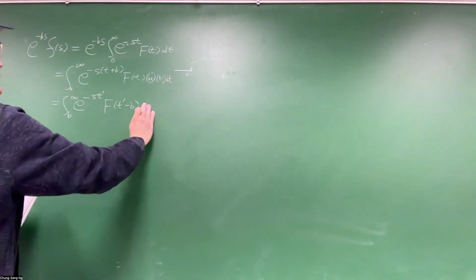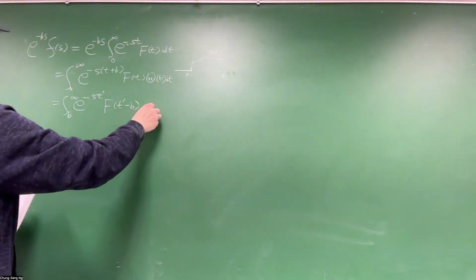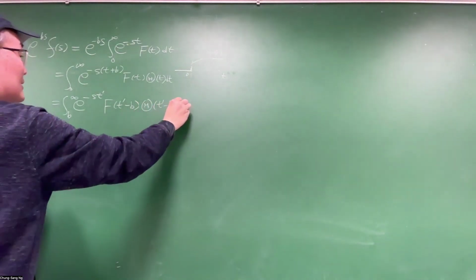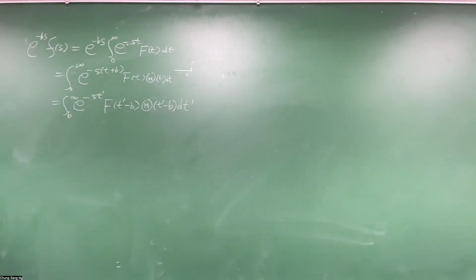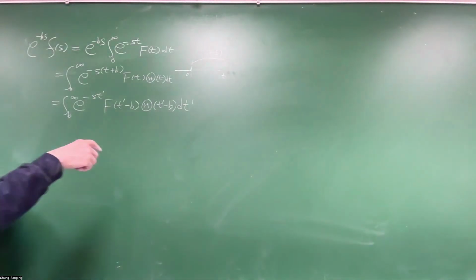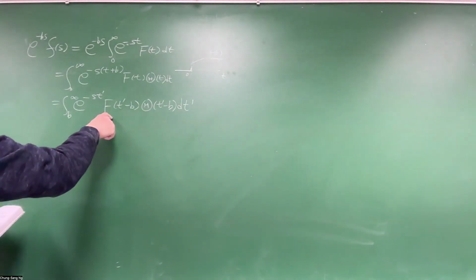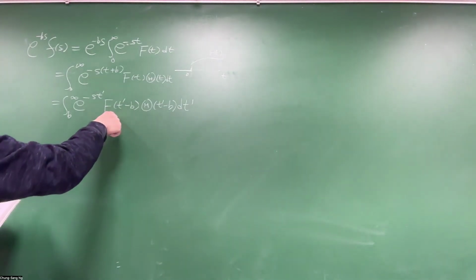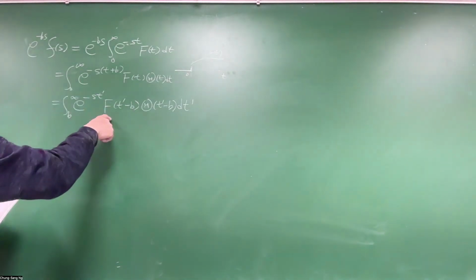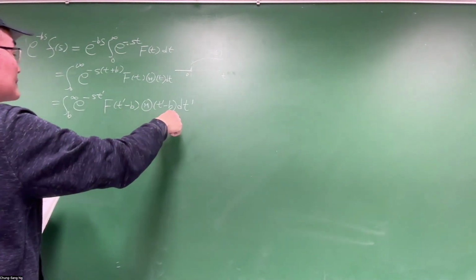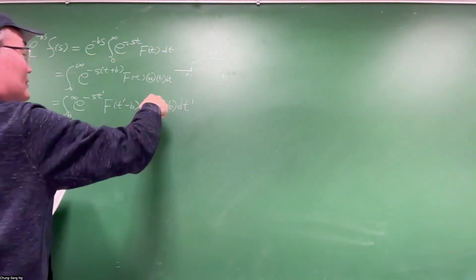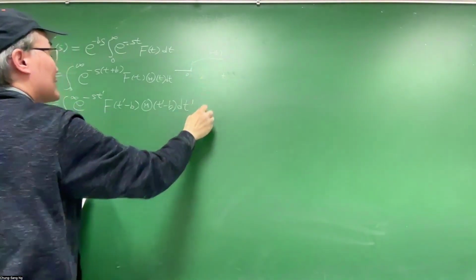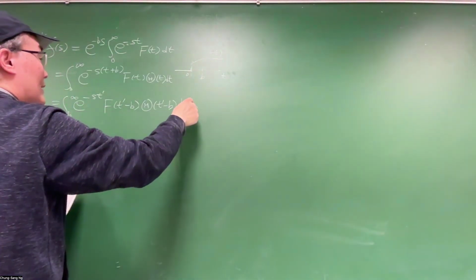And again, this is the same as you have the same thing, t prime minus b, t prime. This is so, assuming b is positive, you have a b here.